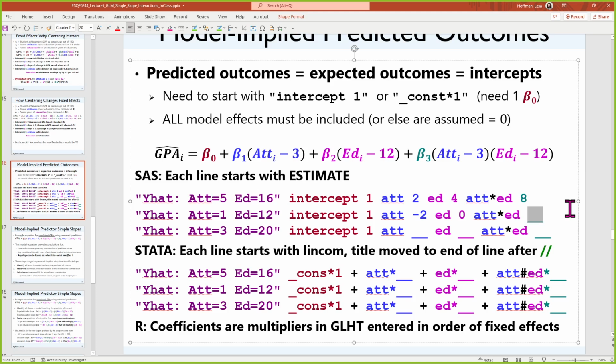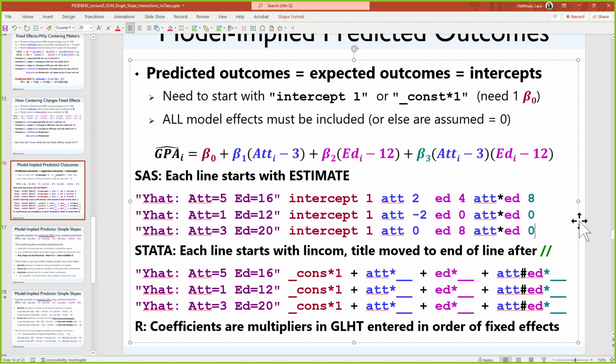Yep, -2 times 0 is 0. Then last but not least, what goes here if I want a prediction for attitude of 3 and I've centered it at 3? That's a 0. And I have to space these over. What goes here if I want a prediction for ed equals 20? 8. Yep. And what's 8 times 0? There you go.